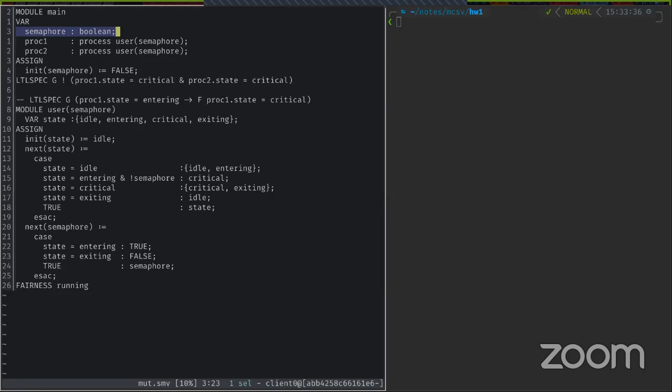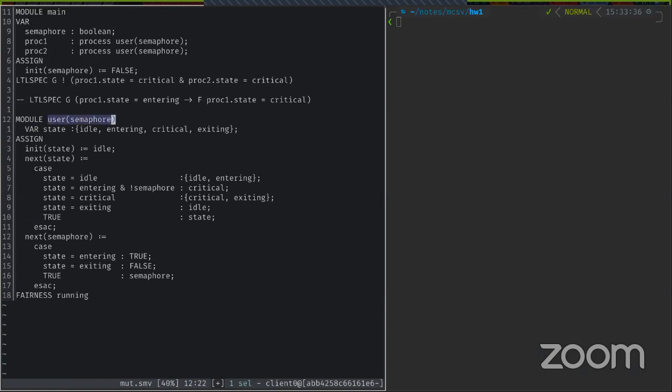The critical section is the section where the process is accessing the resource. If you look at all the possible states of a process, it can be idle, where it's doing something not related to the mutex. It can be trying to enter the critical section. It can be inside the critical section, or it can have left the critical section.